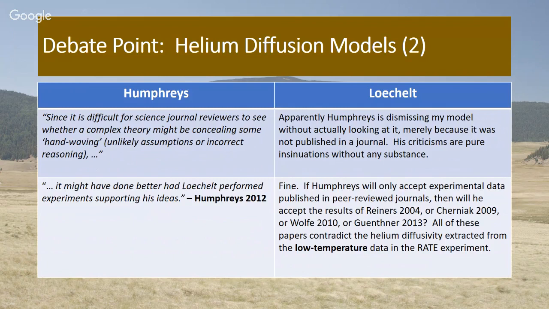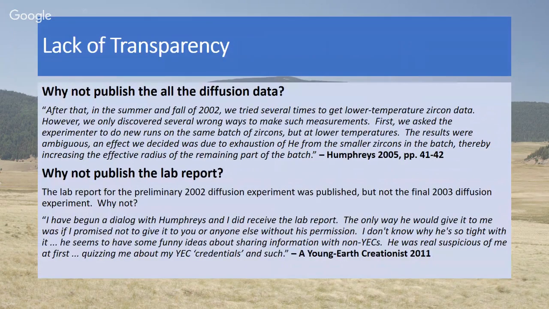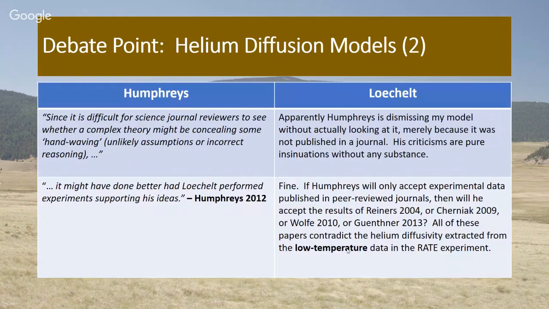All of these papers contradict the helium diffusivity extracted from the low temperature data in the RATE experiment. So if he wants experimental data, why can't we just use these results? What makes the RATE result so unique that it's different than what everyone else has published in the field?